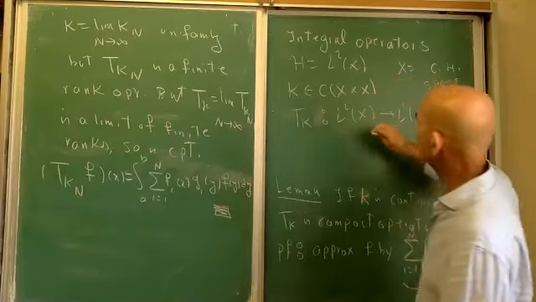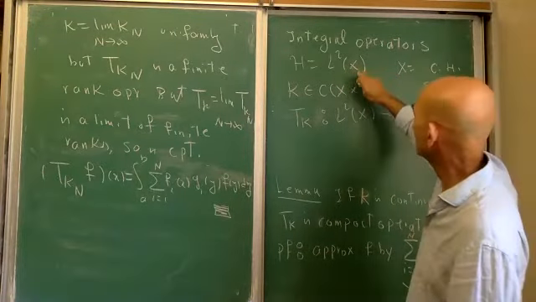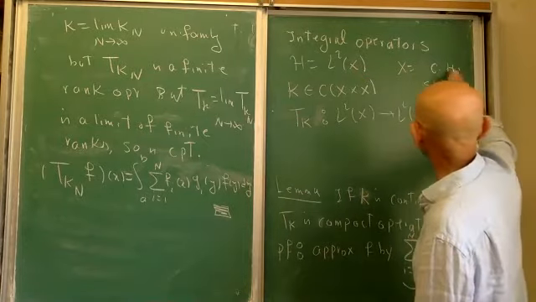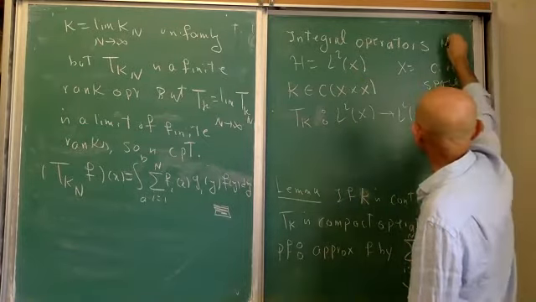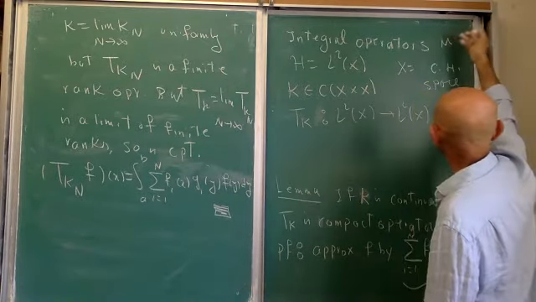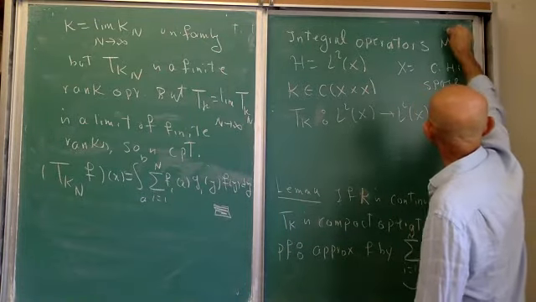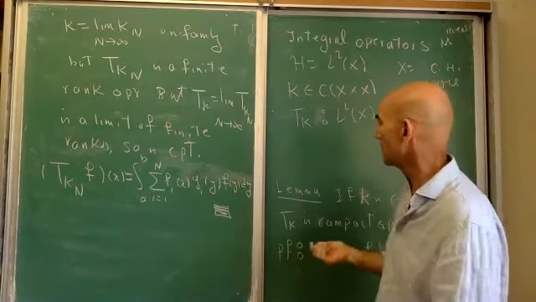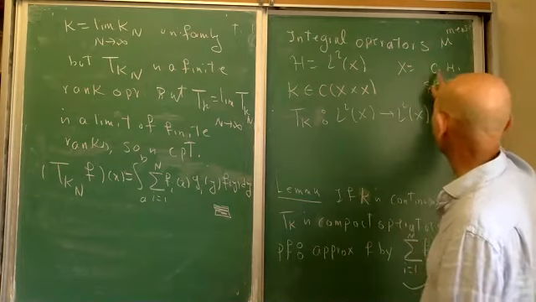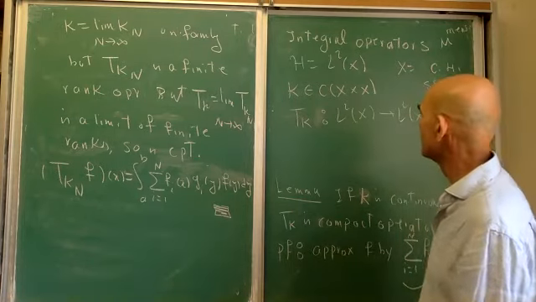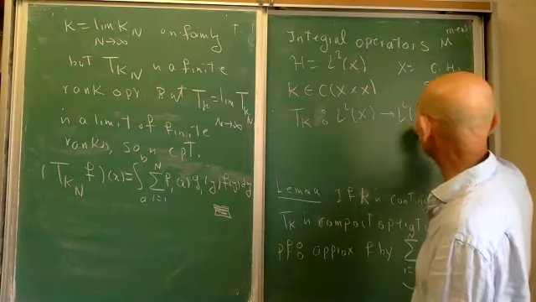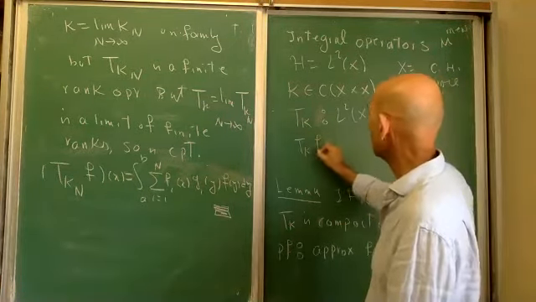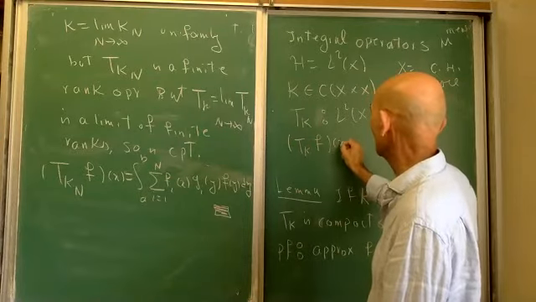Of course we have to assume there exists a measure in order to take L2 of X. So X is a compact Hausdorff space, and mu is a measure. X and mu form a measure space, but X happens to be a compact Hausdorff space. Then this TK from L2 of X to L2 of X is the integral operator, which is defined completely like before. There's no difference.